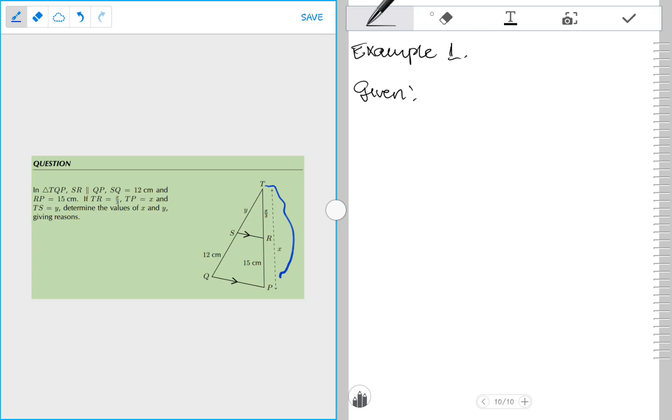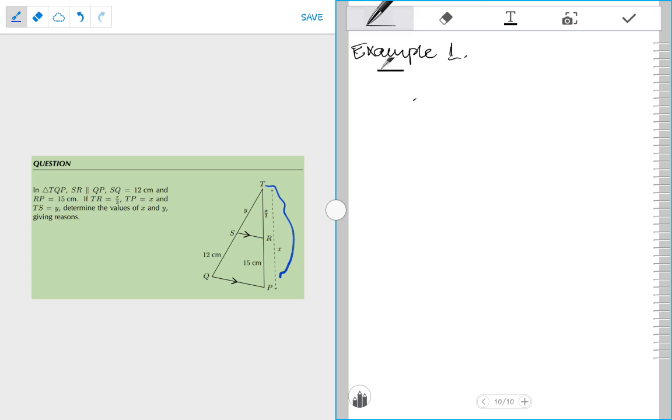The magnitude of TP is equals to TR plus RP. So basically, if we want to get this whole TP, we are adding the 2.